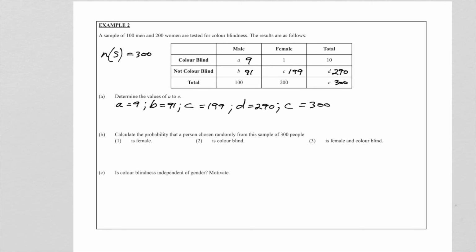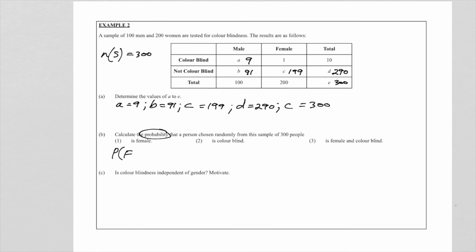So let's look at the B part now. This is similar to what we discussed in the previous one. They ask us for the probability, so that means we're going to divide by the sample space. If a person is chosen randomly from this sample of 300 people, what is the probability that person will be female? So we want to know how many females.